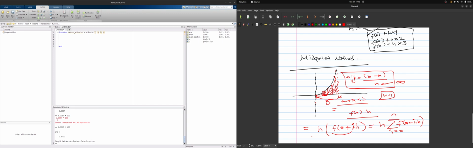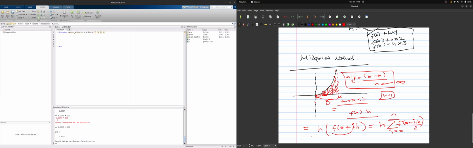But since we take the middle value, for I equals 0 we need to take fa plus h over 2, and for I equals 1 we need to take fa plus h plus h over 2.